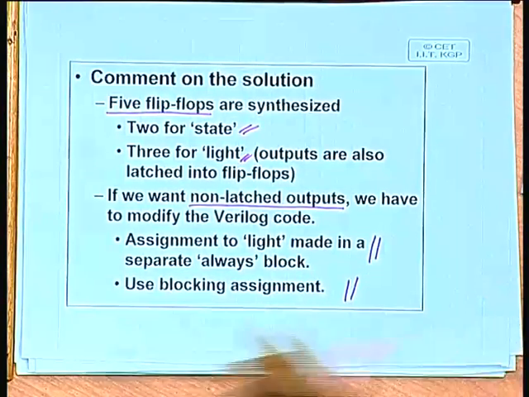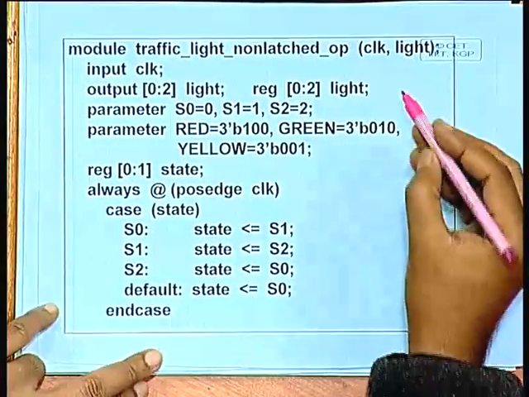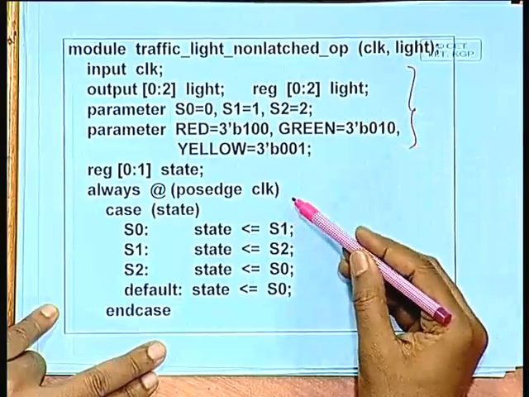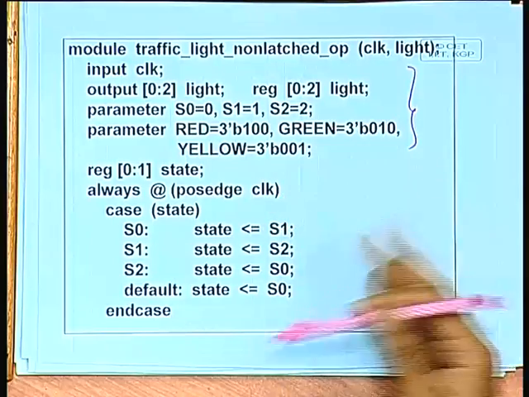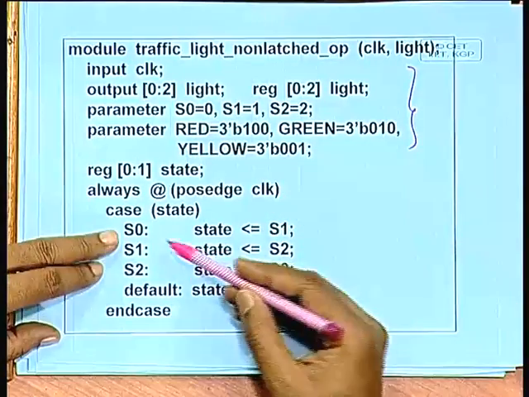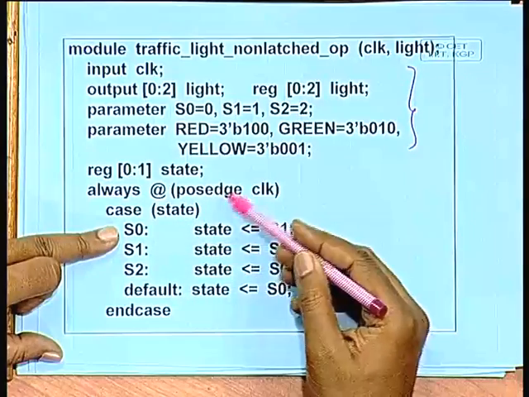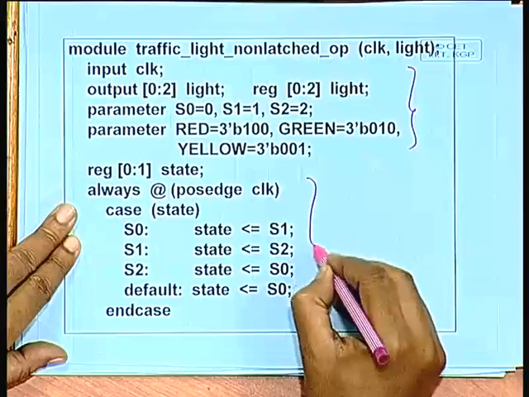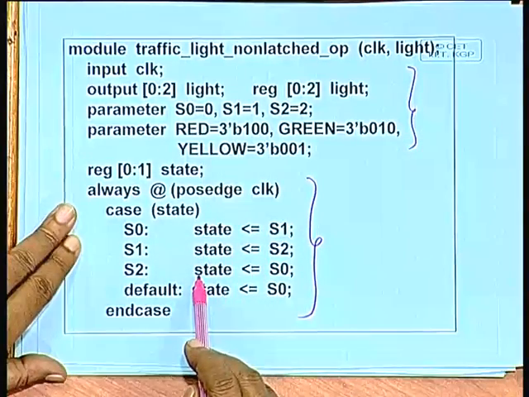So, we make some changes to the Verilog code. We do something like this. The first part is the same, there is no change here, but after that whenever the clock comes, we are dividing this into two parts. In the earlier code both the state variable and the lights were assigned inside this same always block, but here in the first always block we are only using this for state changes.